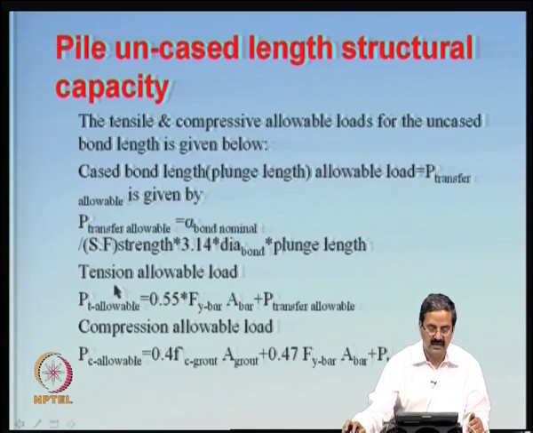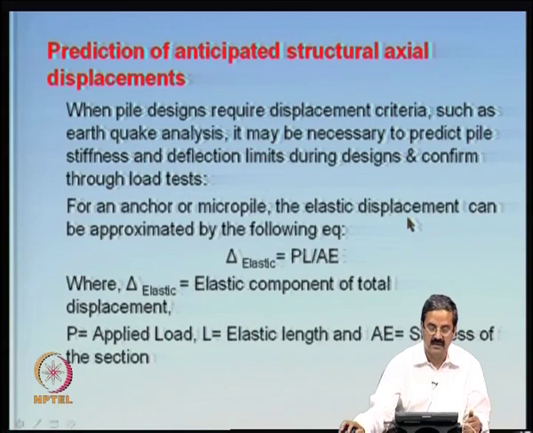Bond strength and tensile allowable are used in the same way, except that I removed the casing here, nothing else. And for the compression allowable load, again the casing is not there. So the same expressions and concepts are used to get the allowable loads on the micropile based on geotechnical as well as structural considerations.